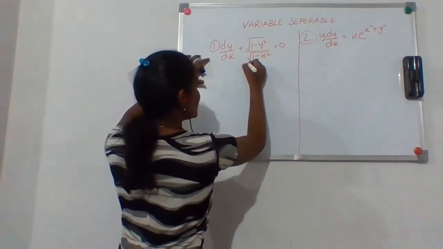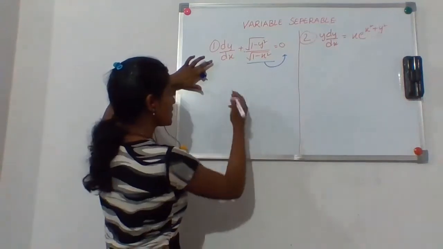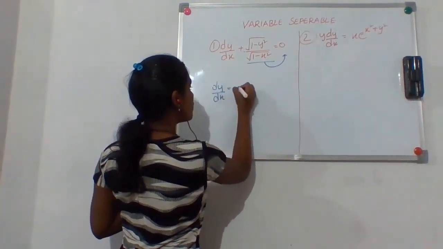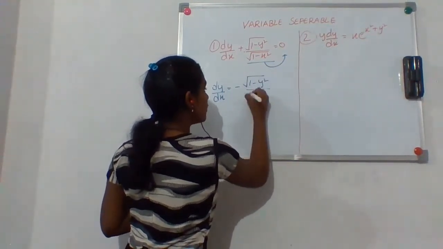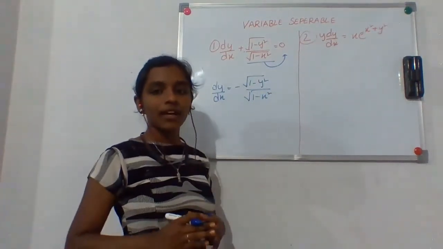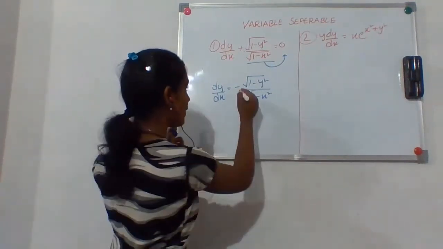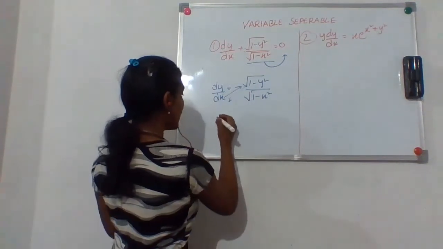To do that, I will send this to the RHS. So dy by dx equals minus root of 1 minus y square by root of 1 minus x square. Now I have to take all the x terms on one side and y terms on the other side, so I will cross multiply these two. Then what do I get?